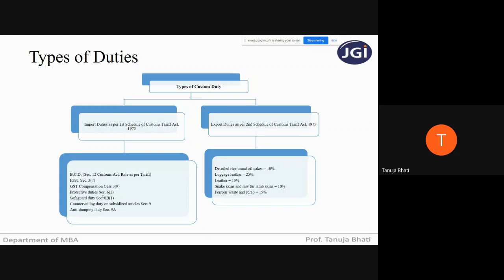The article may be in the same condition as when exported from the country that is manufacturing or producing it.